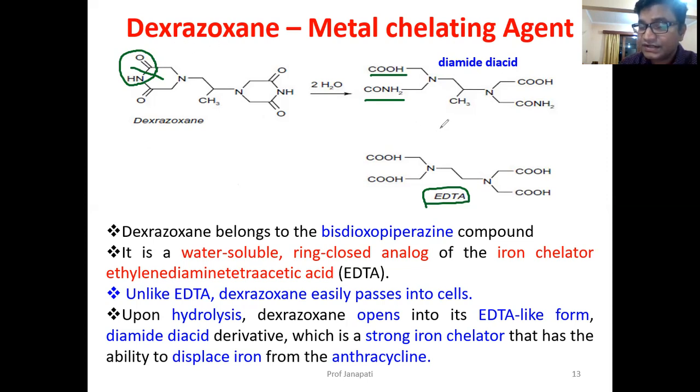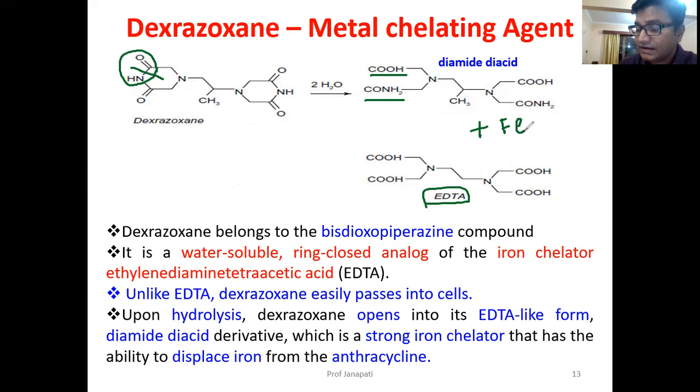The active form of dexrazoxane is the diamide diacid, which is similar to EDTA. So that's why it is a chelating agent. It reacts with iron. In the previous slide, we have seen iron is responsible for generation of free radicals.